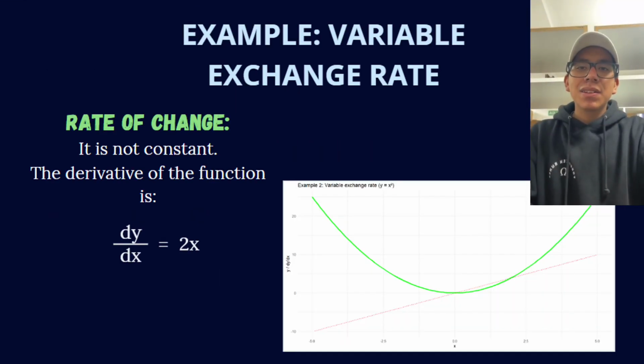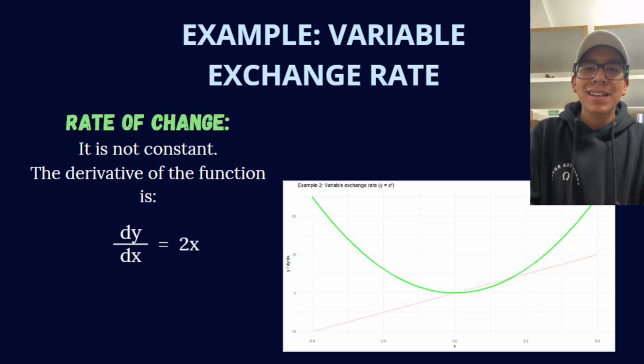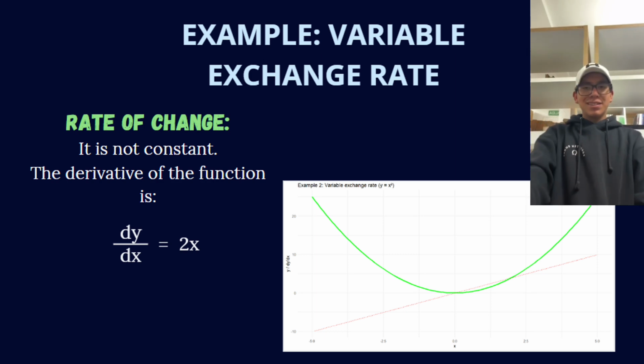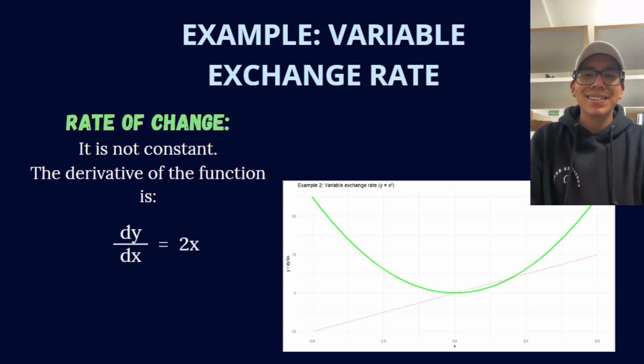Variable rate of change example: for the function y equals x squared, the rate of change is not constant. Its derivative, dy/dx equals 2x, gives the exact slope at each x value. As x increases, the slope of the parabola grows linearly.